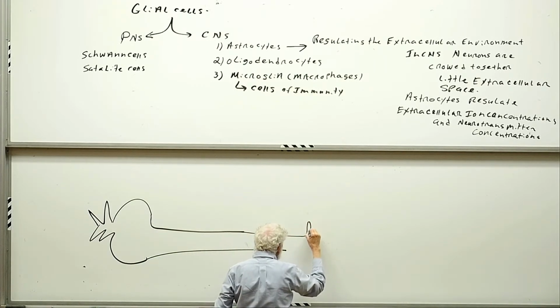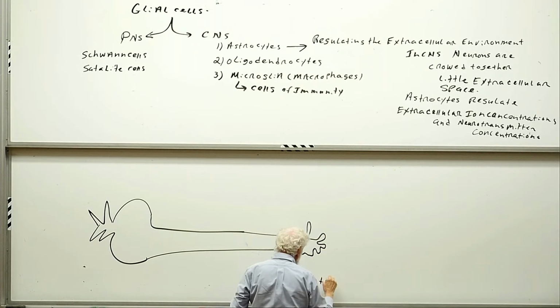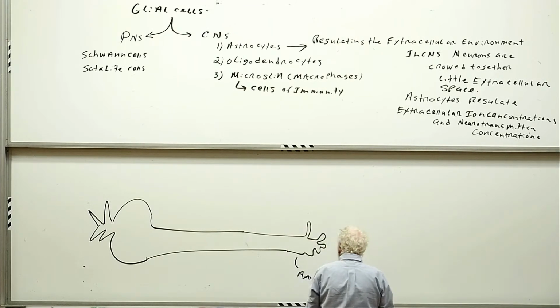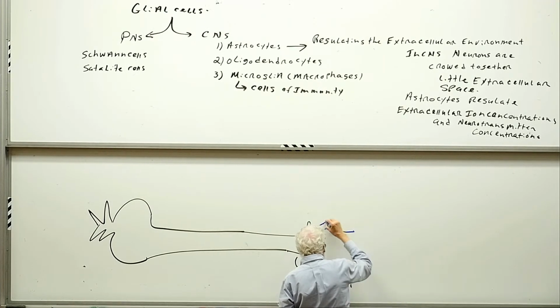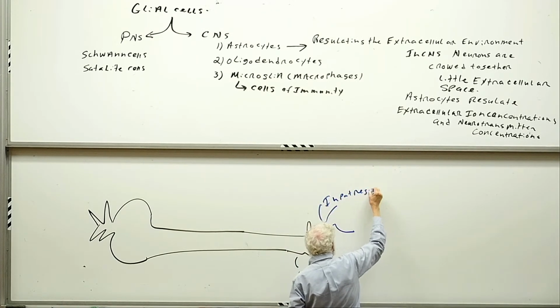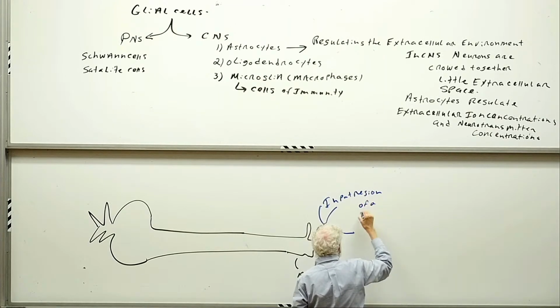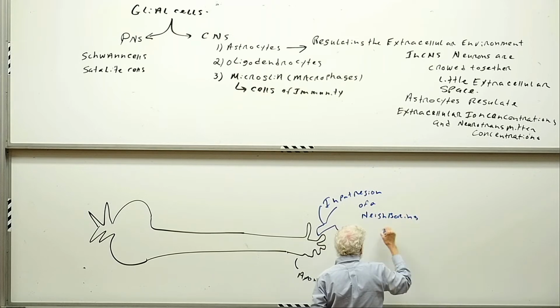At the very end, there are going to be these regions that are going to branch out. This is the axon terminal. And those axon terminals then are going to come into very close apposition to the input region of a neighboring neuron.